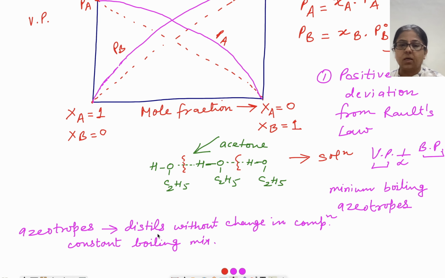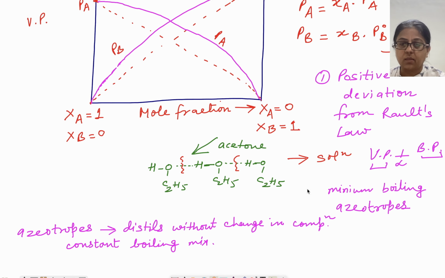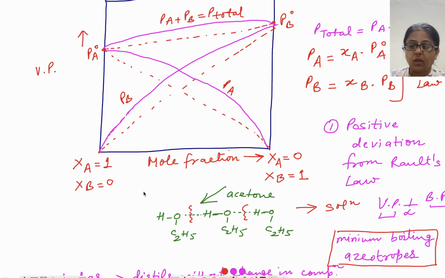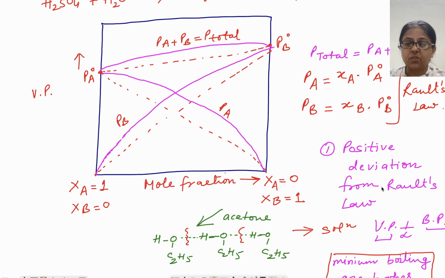So here in this case, the azeotropic mixture will be a minimum boiling azeotropic mixture. A minimum boiling azeotropic mixture will be formed in case of solutions showing positive deviation from ideal behavior. So this is the example of positive deviation from Raoult's law behavior.